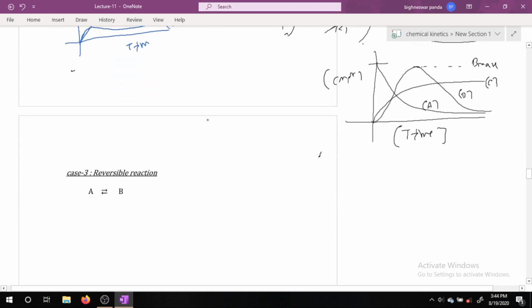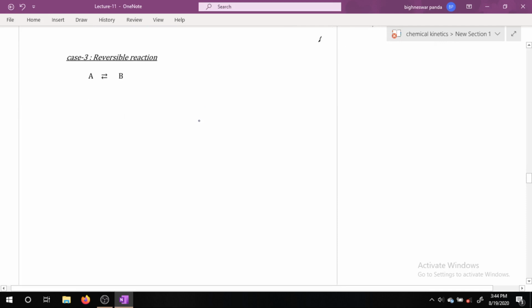So we have already discussed what a series or sequential reaction is. Now the next special case of first order reaction, case 3, is the reversible reaction. For a reversible reaction A gives rise to B, let's consider the forward rate constant kf and backward rate constant kb.